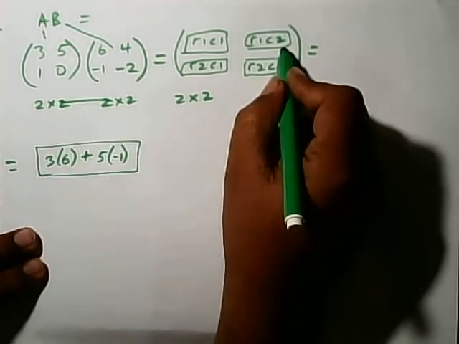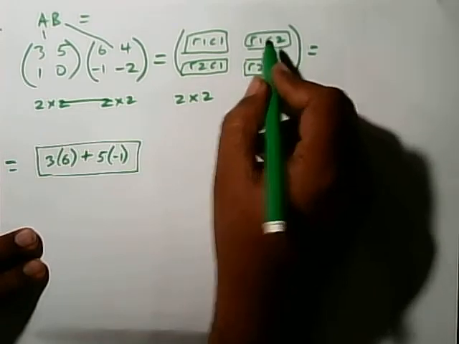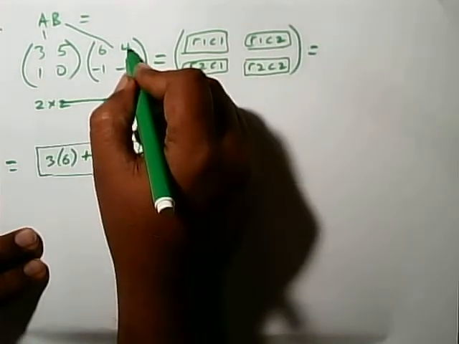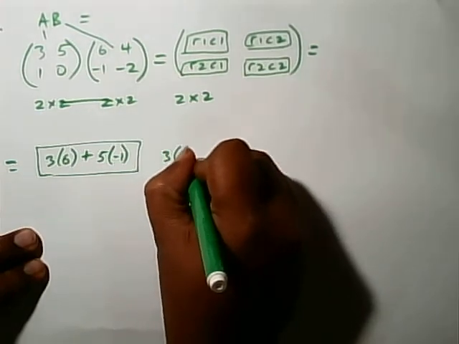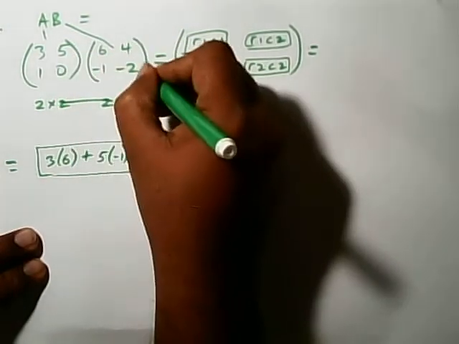Next, row 1 by column 2. 3 by 4 plus 5 by minus 2.